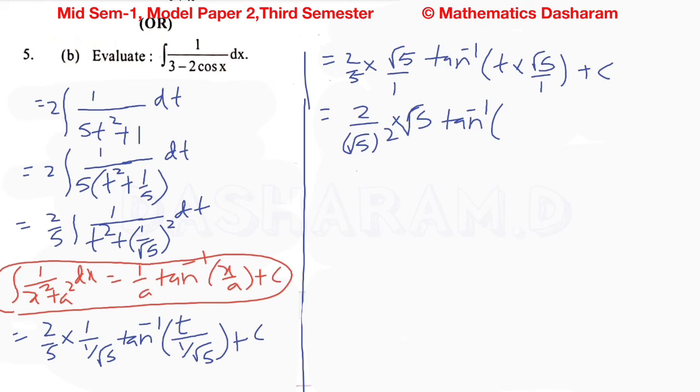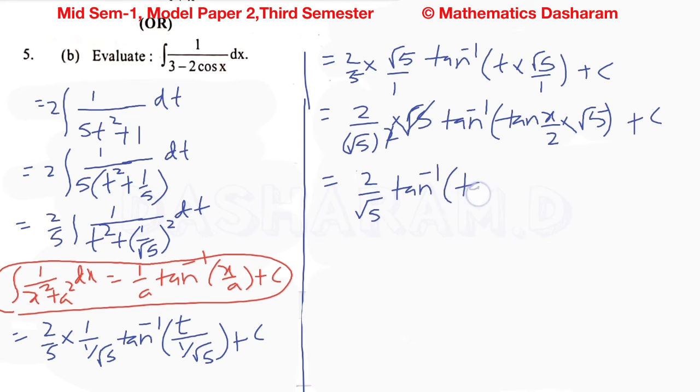What is the t value actually? Tan x by 2 into root 5 plus c. A square root 5 cancel, so the final answer is 2 by root 5 into tan inverse of tan x by 2 into root 5 plus c.